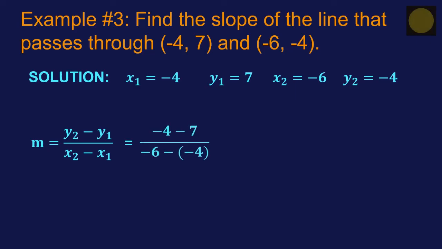So we have -4 minus 7 over -6 minus -4. -4 minus 7 equals -11. -6 minus -4 equals -2. So we have -11 over -2. But according sa rules of division of integers, the quotient of two negative integers is positive. So -11 divided by -2 will become 11 over 2.